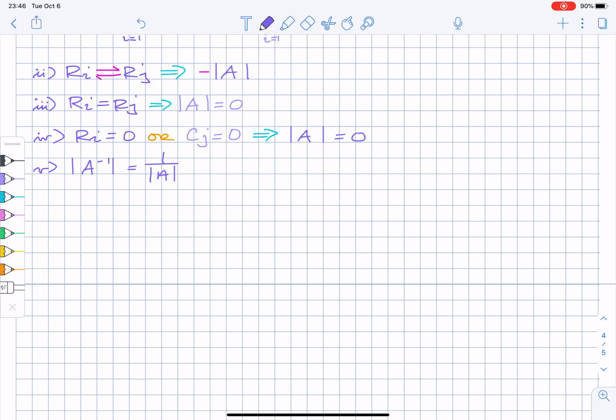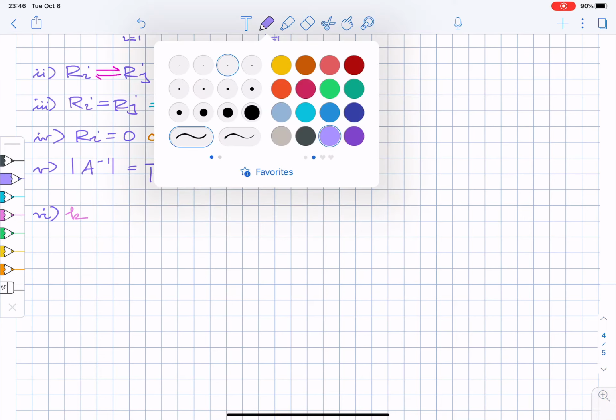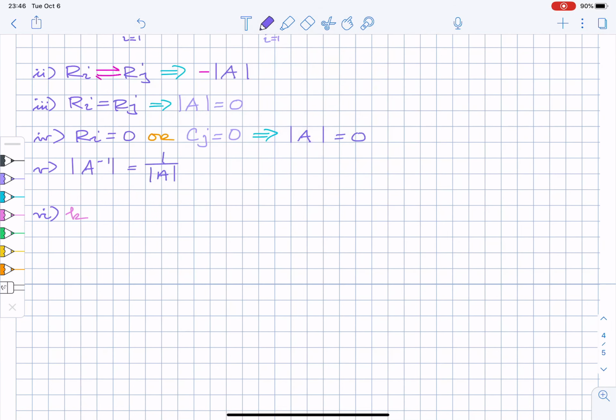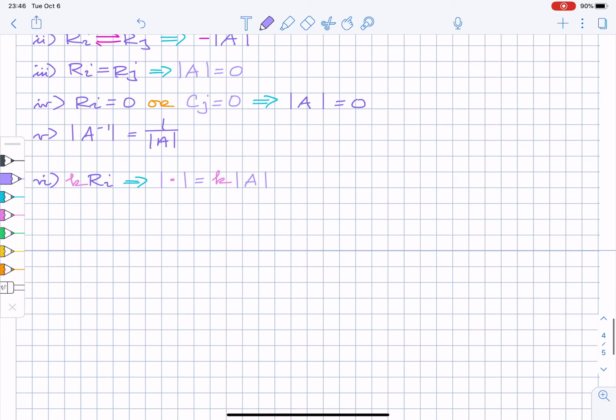Okay. Number 6. So we are on number 6. If I have k times row i, then this implies the determinant of this new object is going to be k times the determinant of A. Okay, so let's note something.